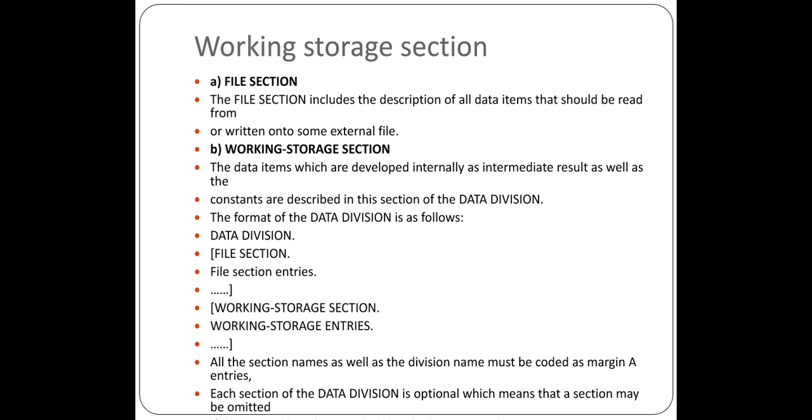Working storage cannot be written as a single word, so these two words are separated using a hyphen. All these section names as well as the division name must be coded in margin A entries. This is an important point. Each section of the data division is optional, which means that a section may be omitted.